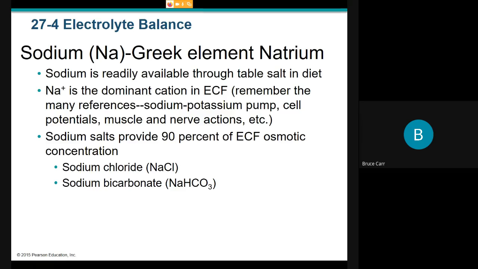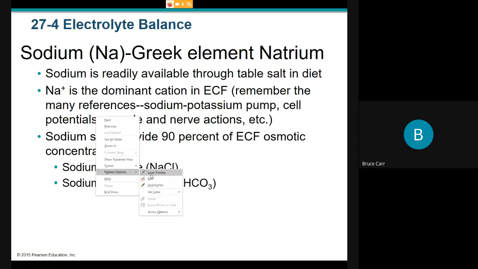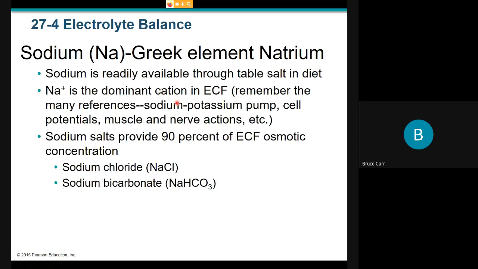Sodium ion is the dominant cation in the extracellular fluid. And we've talked about this so many times, the sodium-potassium pump, its importance in cell potentials and transmembrane potentials, its importance in muscle and nerve actions, that when we poke a sensitive membrane, what we often do is open a sodium gate. And sodium rushes across.